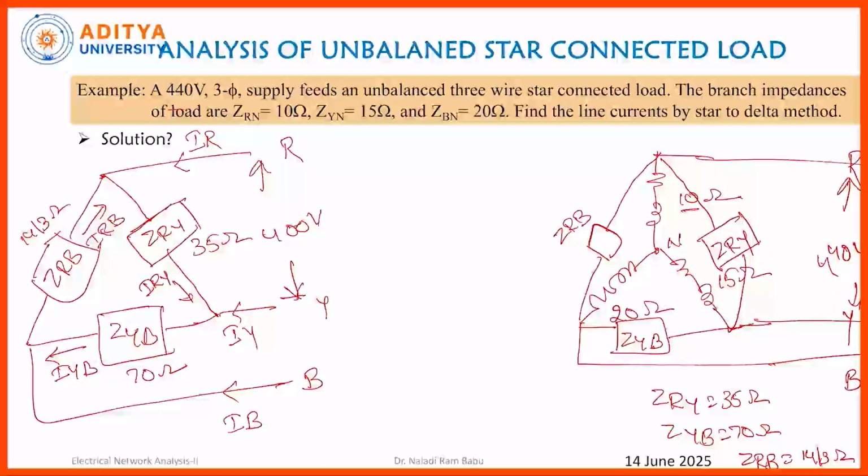To calculate the values of IR, IY, IB, I need to calculate the values of IRB, IYB, IRY. Now I am erasing this part.